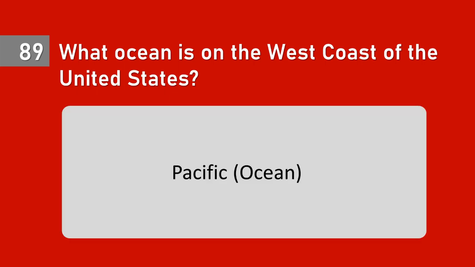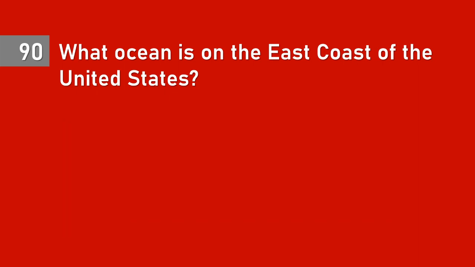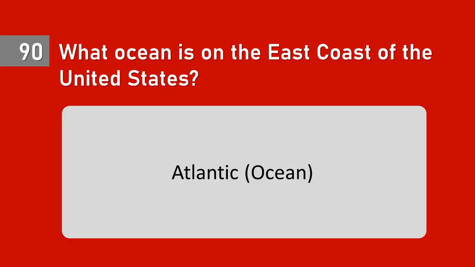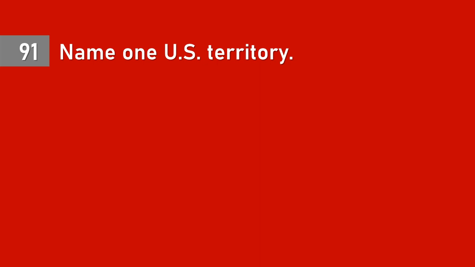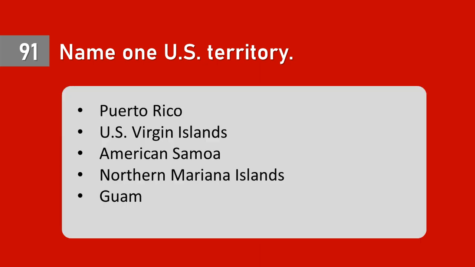Pacific Ocean. Question 90. What ocean is on the east coast of the United States? Atlantic Ocean. Question 91. Name one U.S. territory. Puerto Rico, U.S. Virgin Islands, American Samoa, Northern Mariana Islands, Guam.